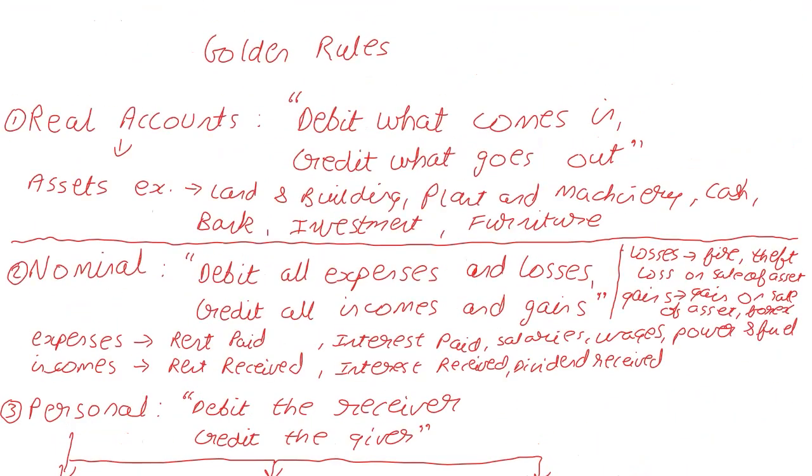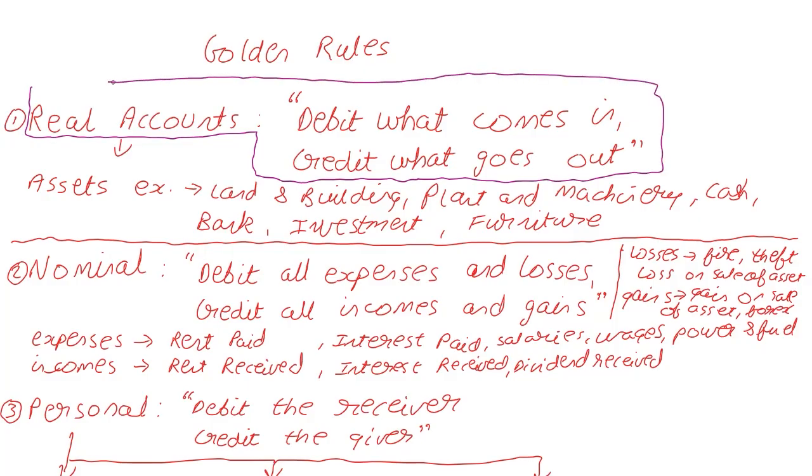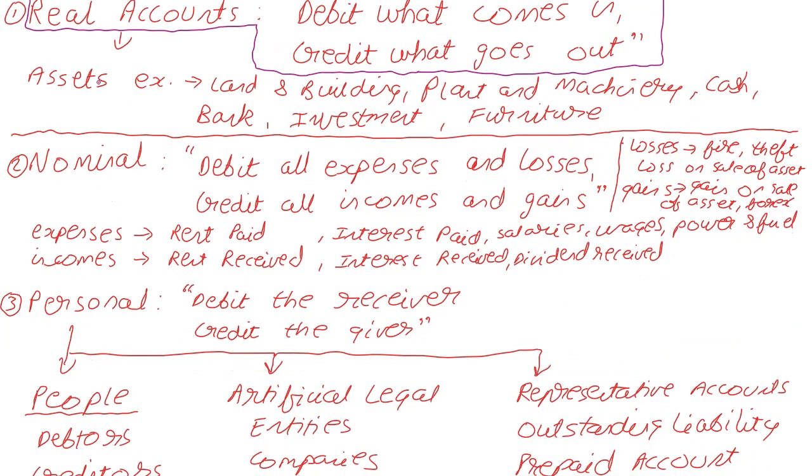But if there was really something that I would like you to learn, memorize, please, and keep ready, it would be the golden rules, which I'm going to put again into a box. We have the real account, which is debit what comes in, credit what goes out. We have the nominal account, which is debit all expenses and losses and credit all incomes and gains.